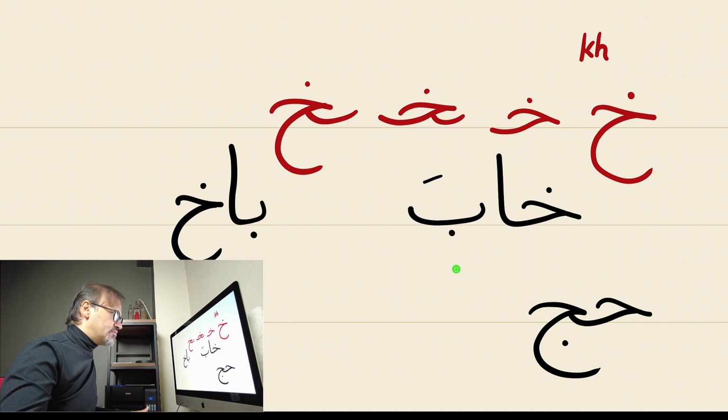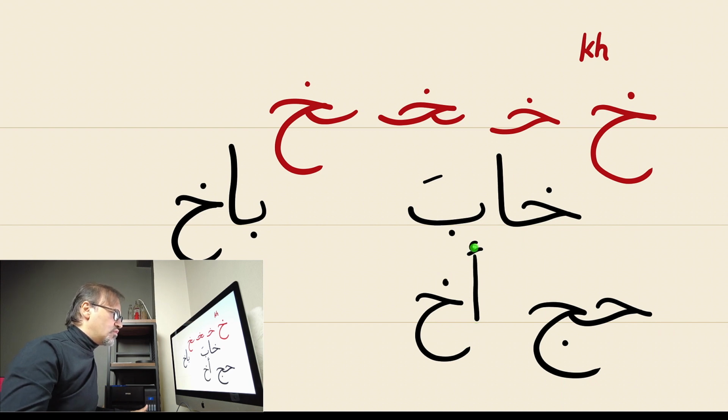Now we have the word brother, which is akh. There's an e. And here we have to put that hamza, the crescent moon over a flying carpet. And akh.